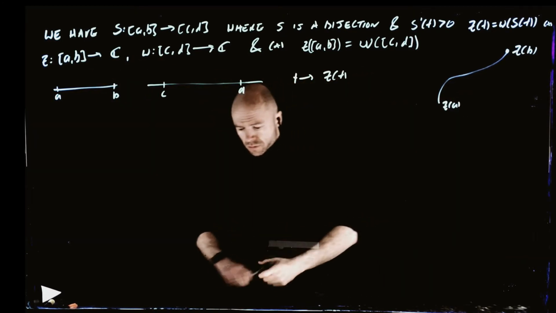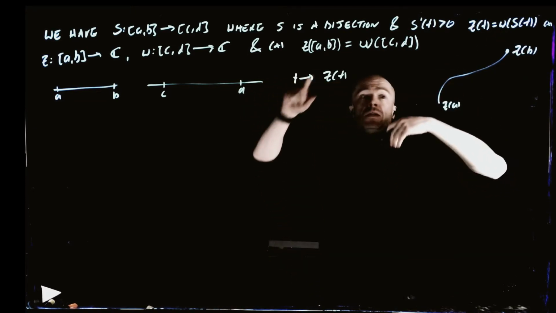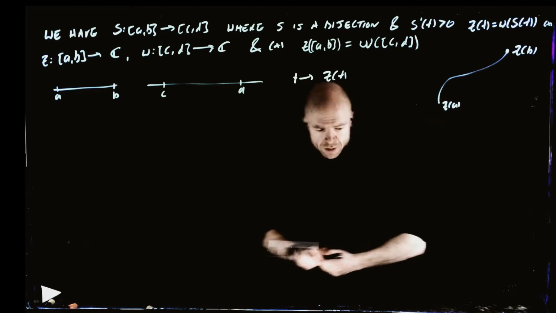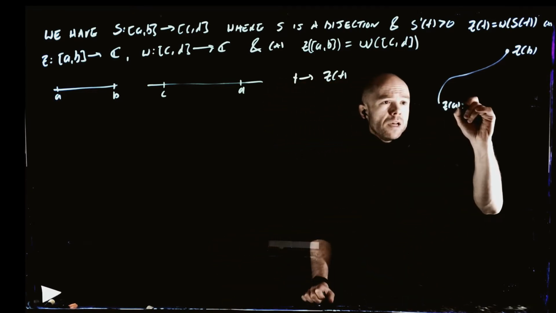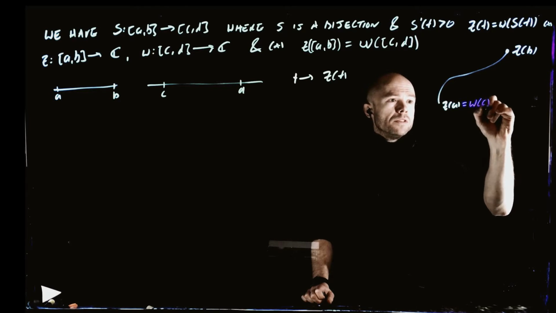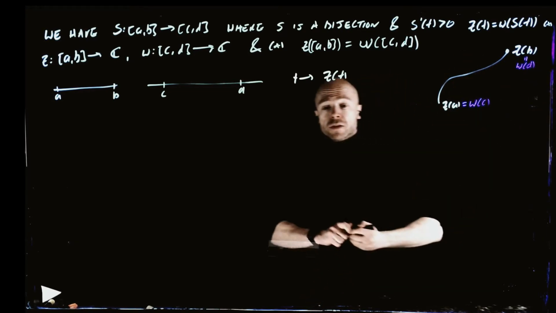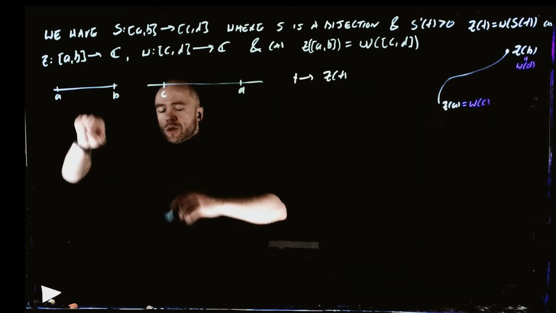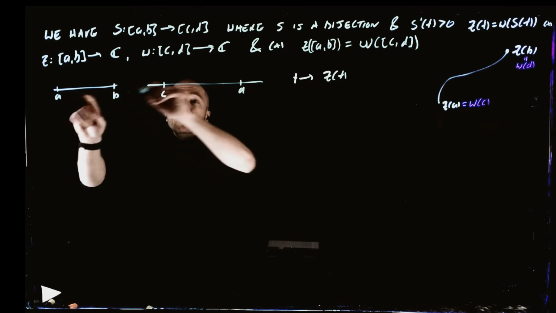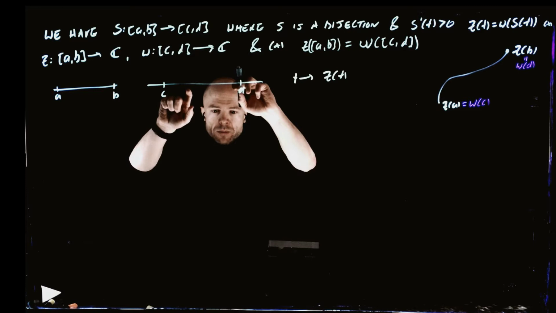And what this is saying is that we start at the same place, W of C, and this is W of D, okay? And for every time between A and B, it is stretched or shrunk to some time along here in a bijective way.